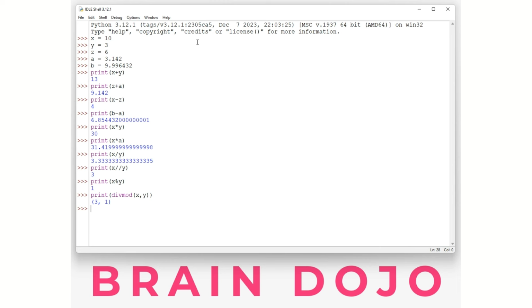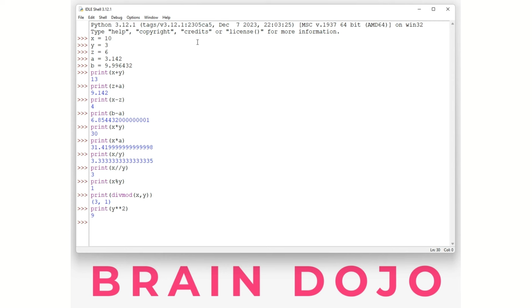Moving on, we talked about exponent as well, or power of. For that we use a double asterisk. Let's use a simple number: print, let's say y, and we want to raise it to the power of 2, and it gives us 9.